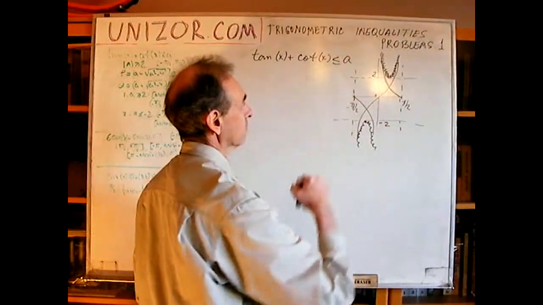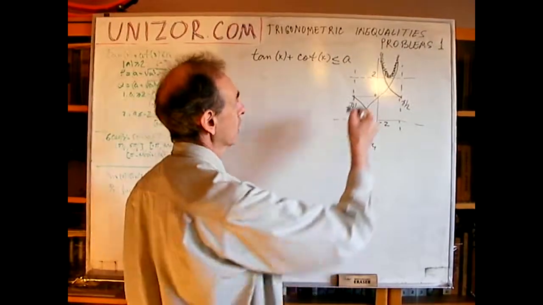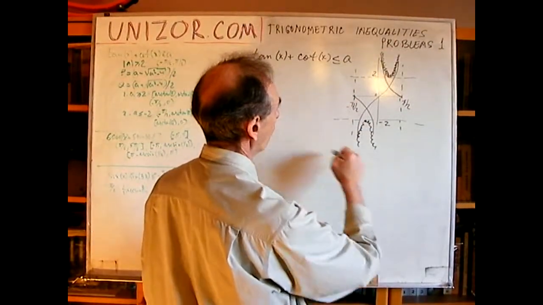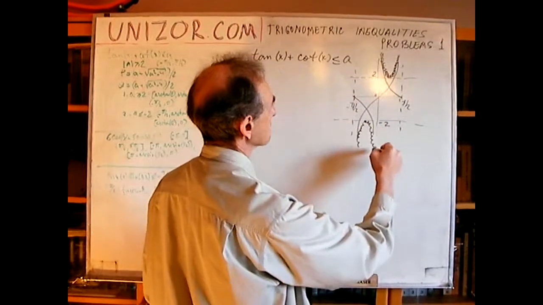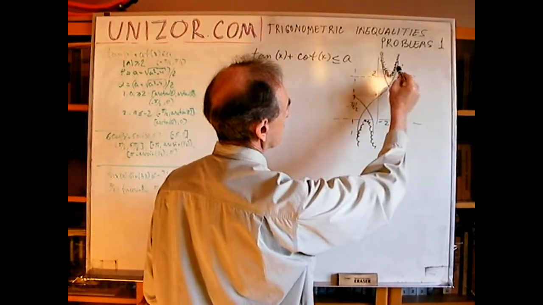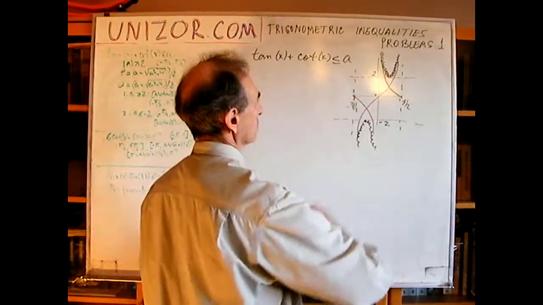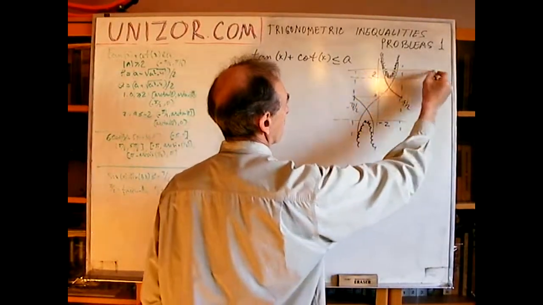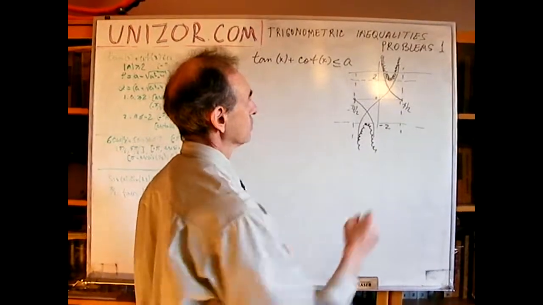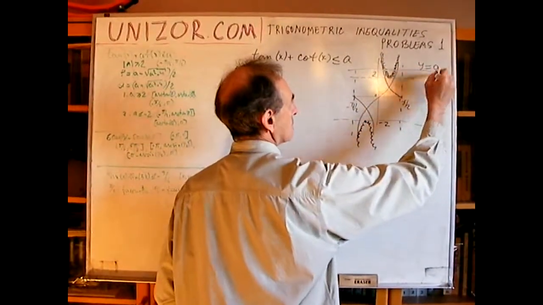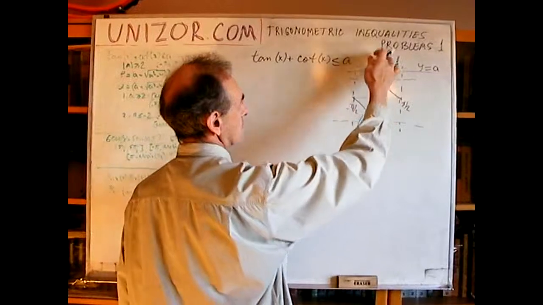But if it will be above plus 2, I will have the whole branch of these guys and piece of this plus piece of that on the other side of the intersection. So it all depends on where y equal to a straight line intersects this graph.